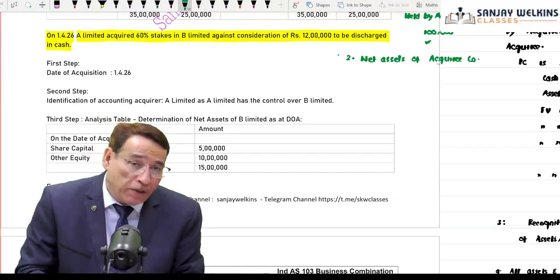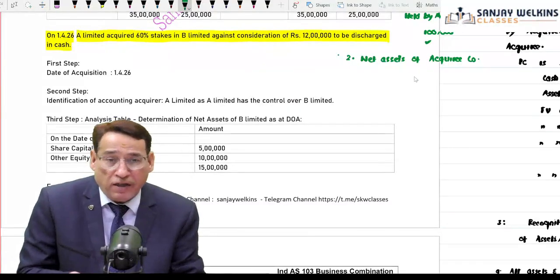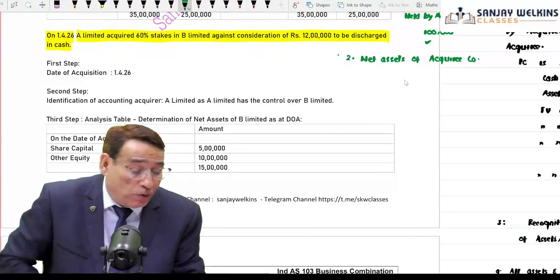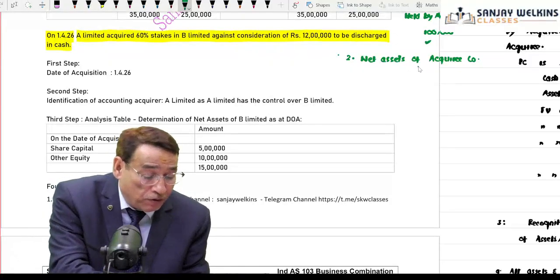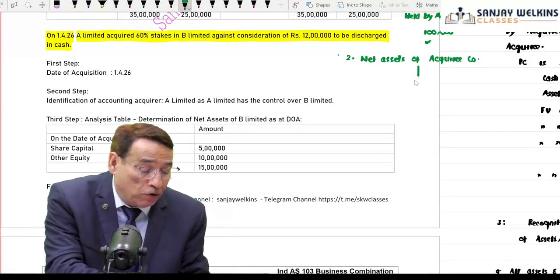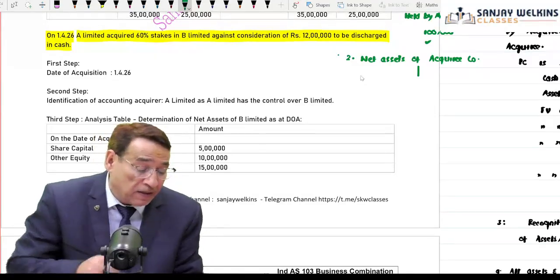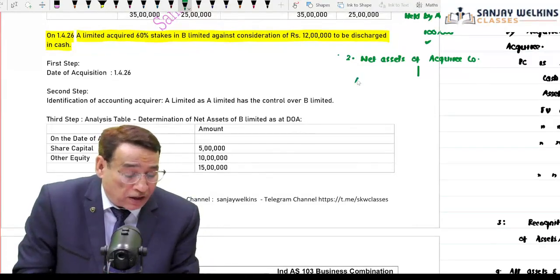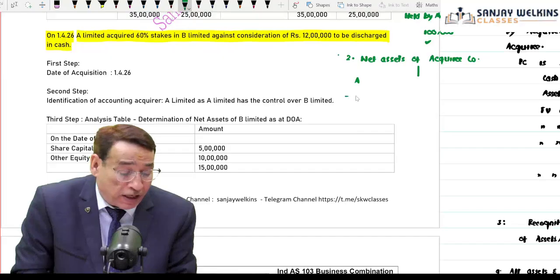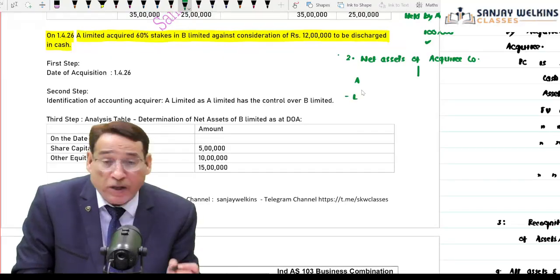Acquiring company is B. And in order to find out the net assets, you can use any of these approaches. You can find out net assets by simply subtracting liabilities from the assets. We know that net asset is always equal to assets minus liabilities.